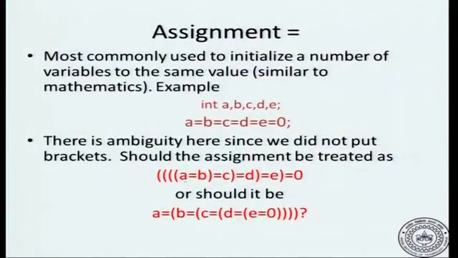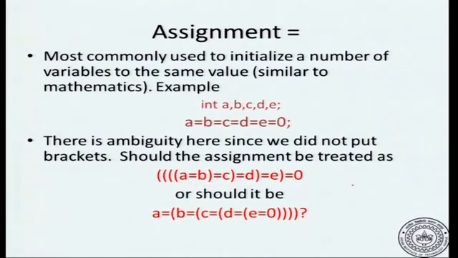For example, if you go from left to right in the previous, this simply does not make any sense, because you have just declared A, B, C, and so on. And when you say A equal to B, A and B are not initialized yet, right. So this assignment hardly makes any sense.